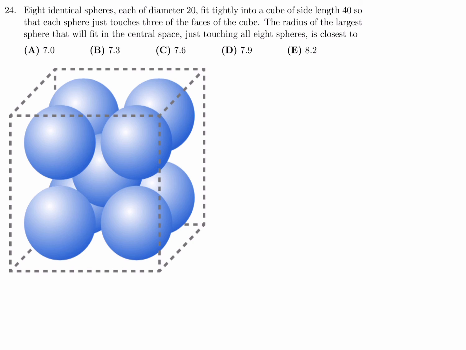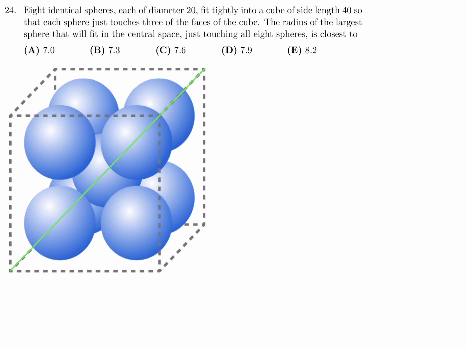Well, the important thing to understand in this question is that there's a diagonal that, if you draw it, will go through the middle sphere and will also go through 2 of the other spheres. That diagonal is all the way across like that.